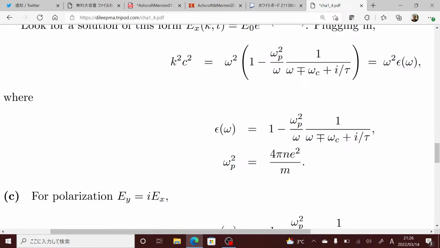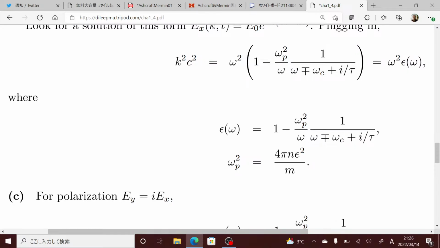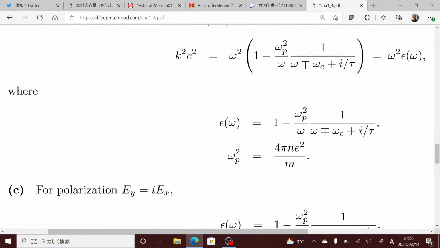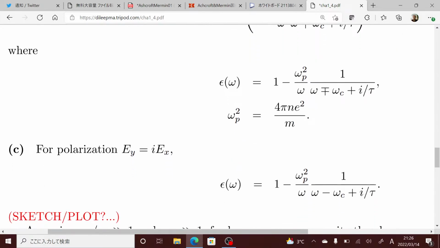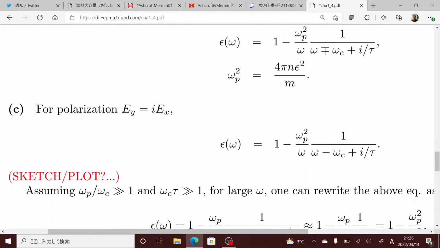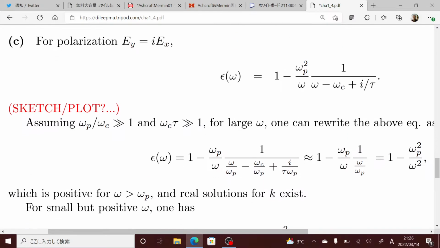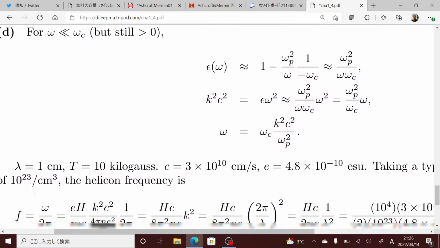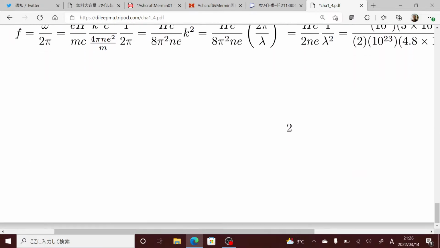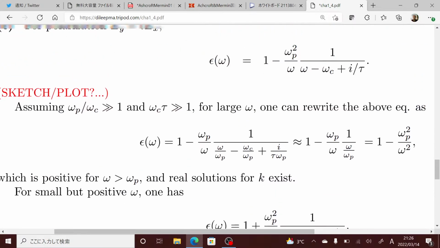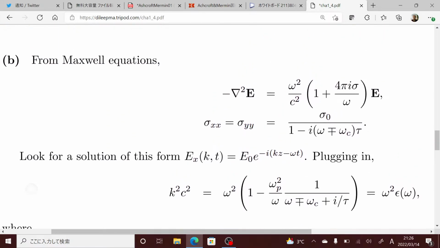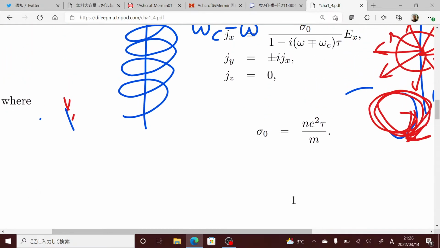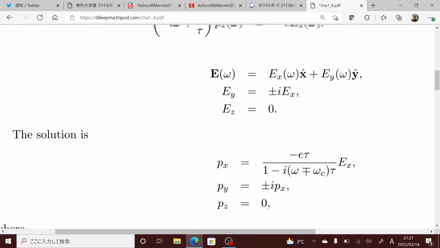K. Sketch plot. I think I would say this is some more specialized topic, and I don't know if we should learn this in this context.